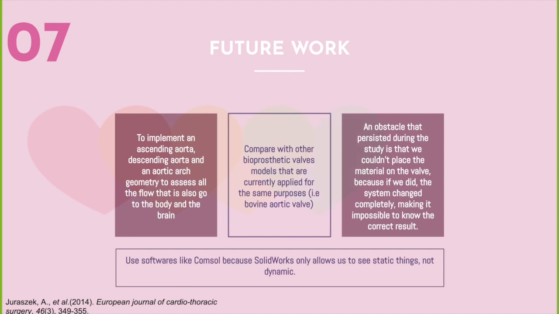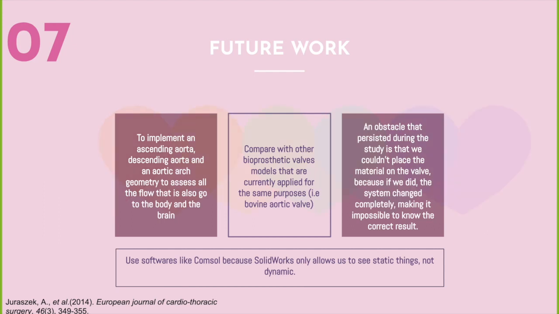Well, for future work, we see that we also have to put the geometry of the ascending aorta, descending aorta, and the aortic arch, because we need to see how the flow behaves in those areas which are responsible to deliver the oxygen to the body.